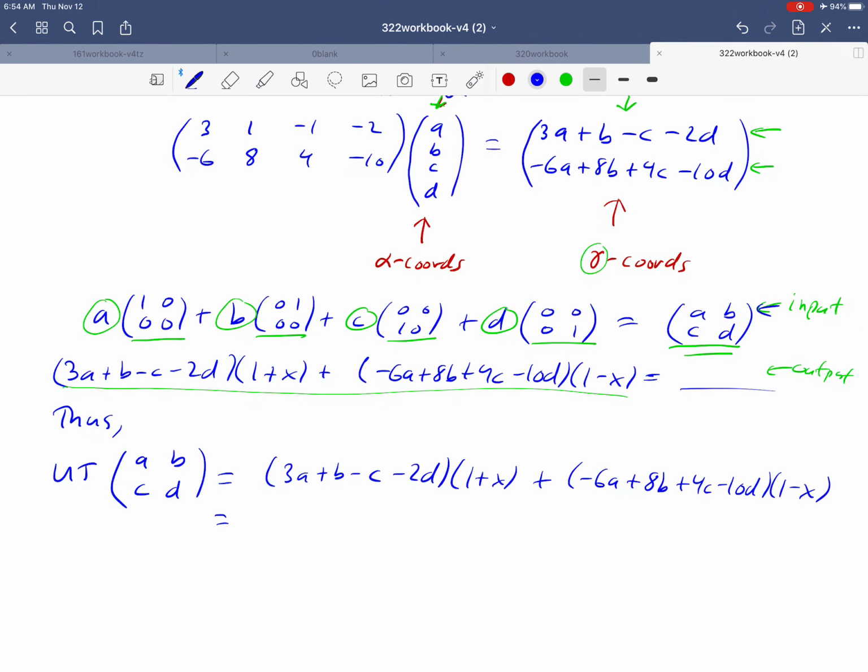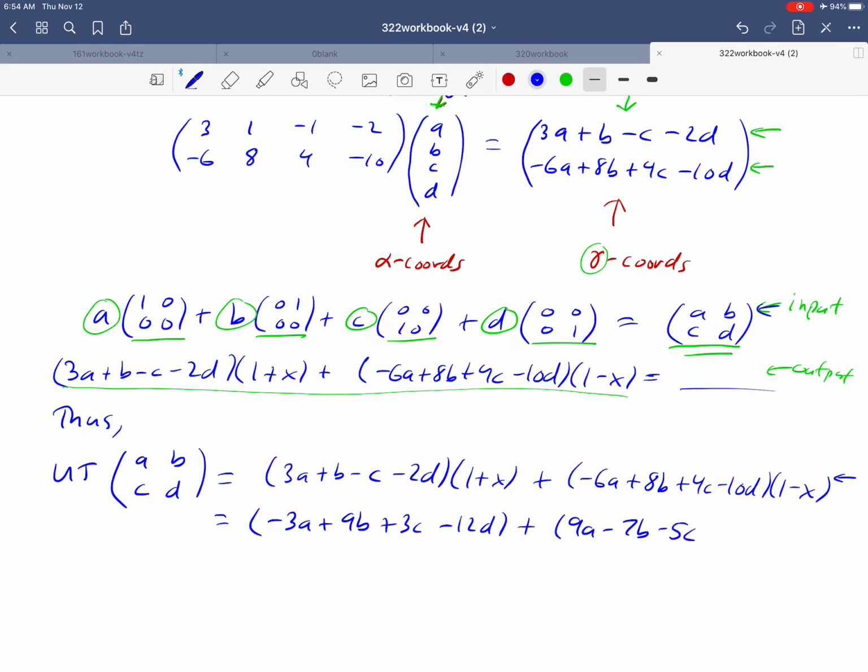And we might simplify this. I'm going to leave the algebra to you, but you could actually distribute all of this out and collect like terms, and what you should come up with is this. We'll put all the constant terms together, and then put all the x terms together. Again, I'm leaving the algebra for you here.